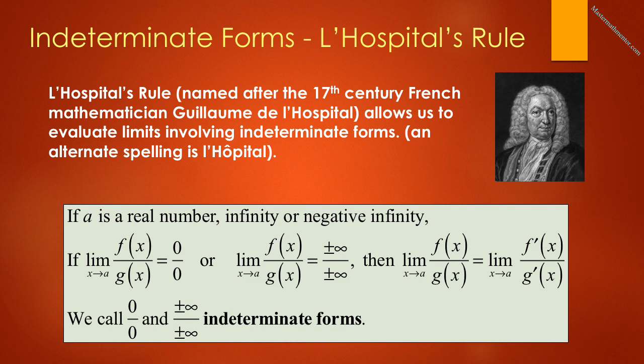We call 0 over 0 and infinity over infinity indeterminate forms.